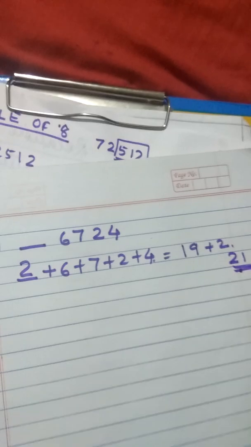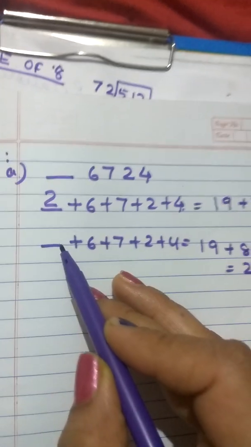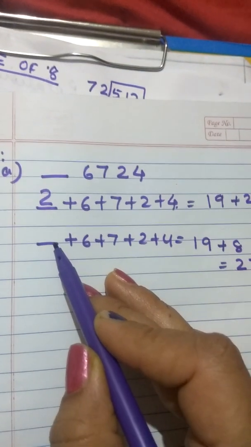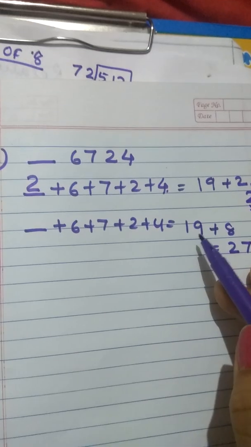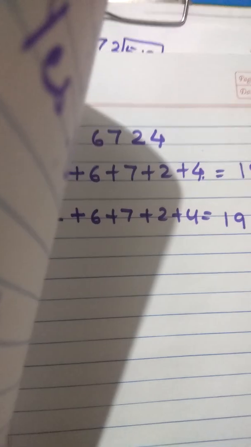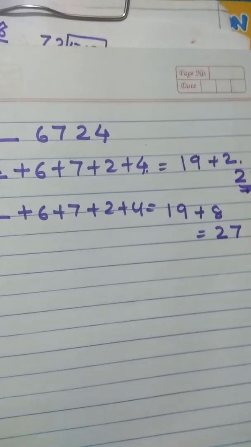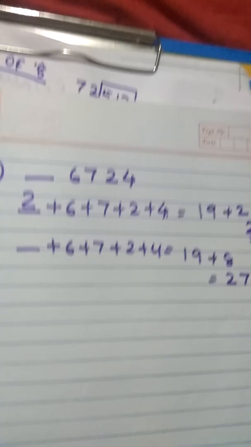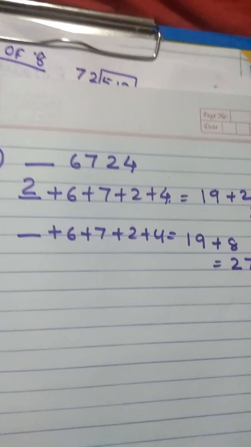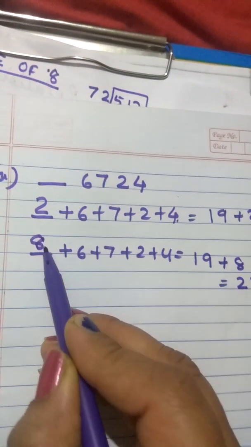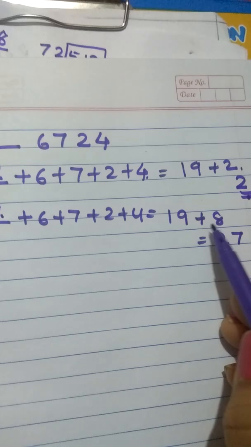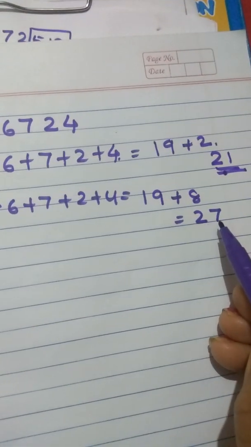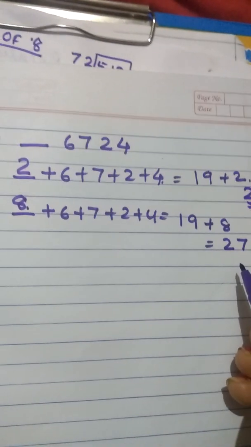Now the greatest possible digit, the biggest digit that I can put here is 9. If I put a 9 here, the sum will become 19 plus 9, that will be 28. But 28 is not divisible. So I will reduce it by 1, and I can write 8 here, because then the sum will become 19 plus 8, 27, and 27, 2 plus 7 is 9. So it is divisible by 3.